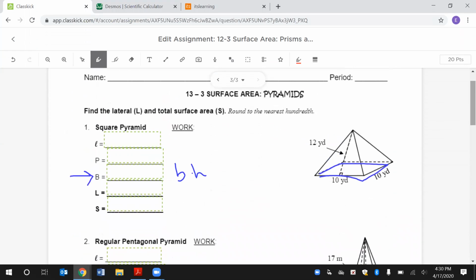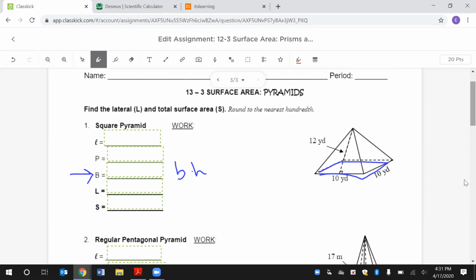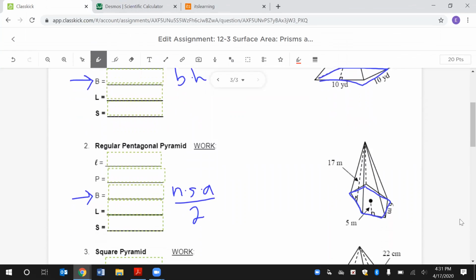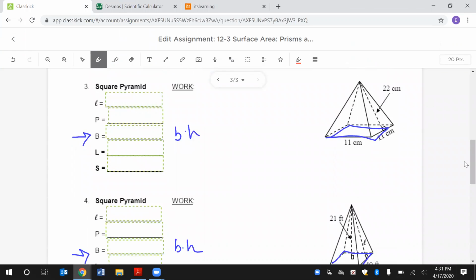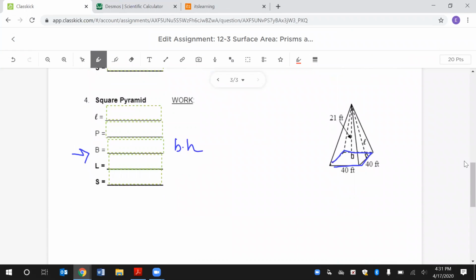The L on the first one is the 12, the slanted height from the top of the pyramid down through the side. Here it's 17, the cursive L. Here is 22, but in number 4, I'm missing the L. So you have to solve for it.